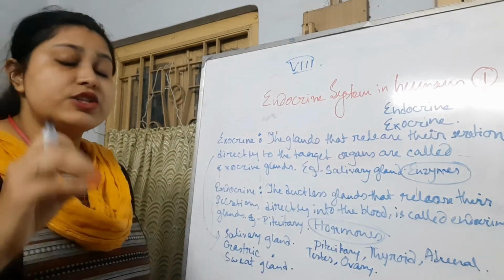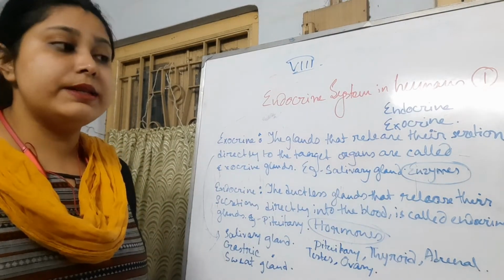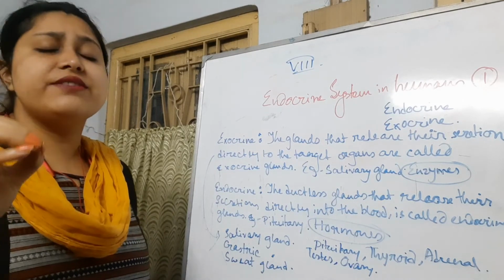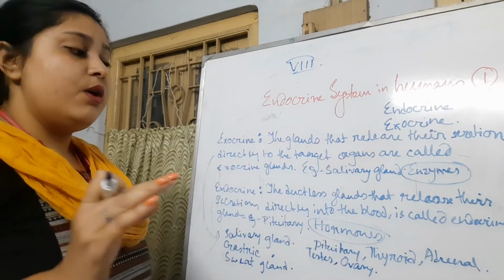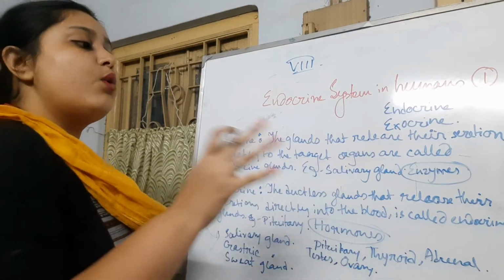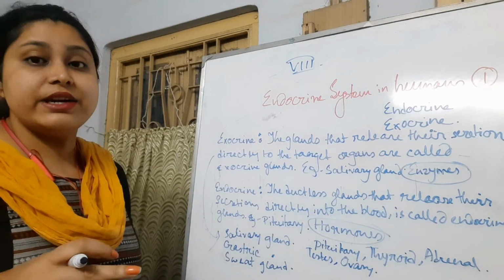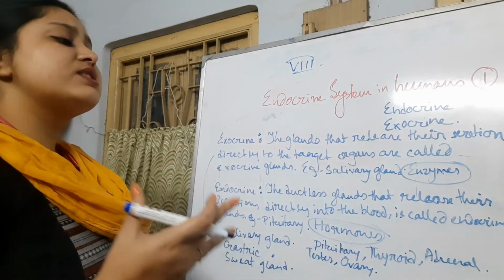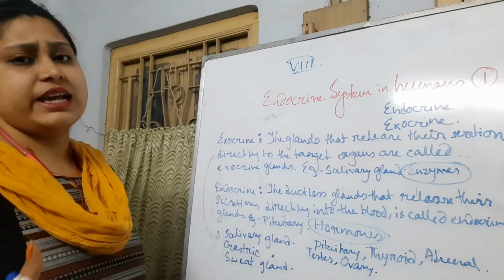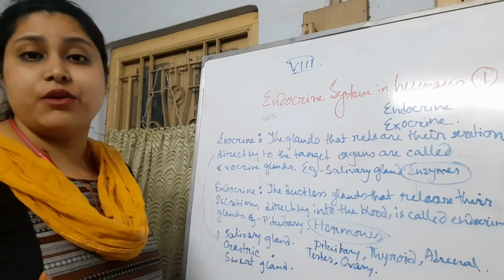Hormones are secreted in very small amounts, but a slight deficiency or increase can lead to dangerous diseases. The enzymes are only secreted when food is there, when the metabolic function is needed, and a small deficiency or increase does not make any big change in our body.